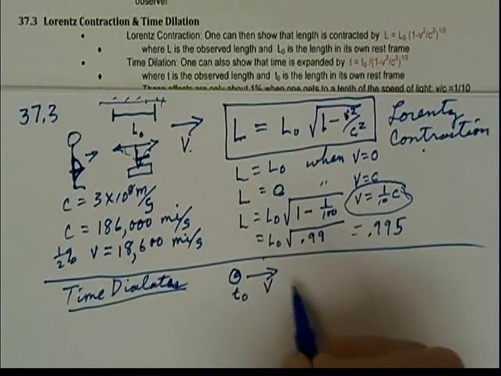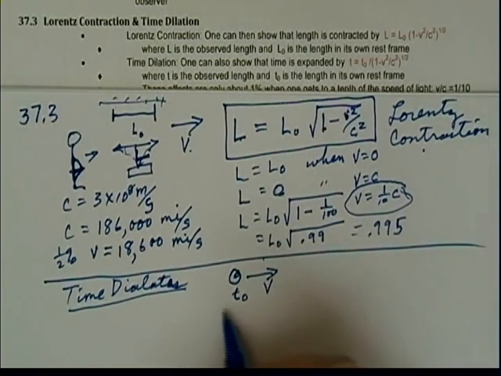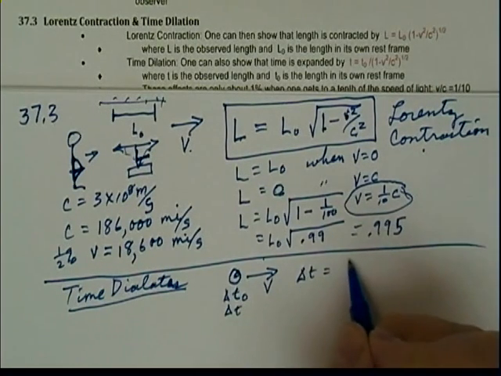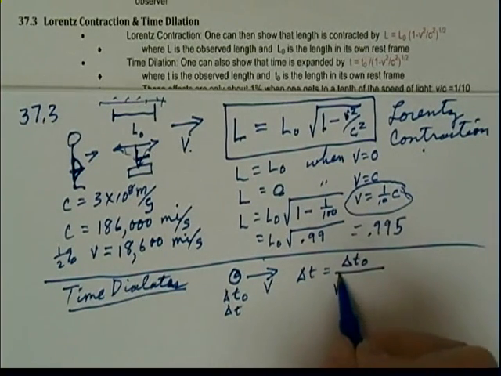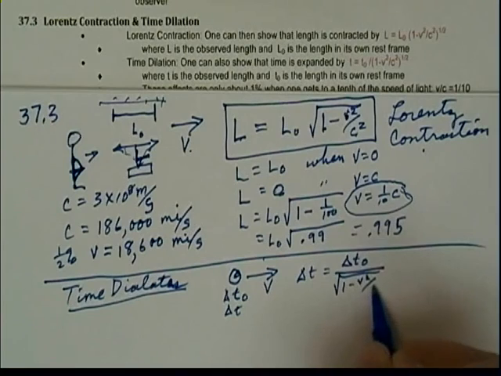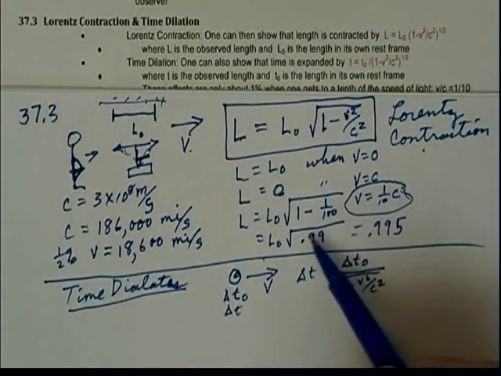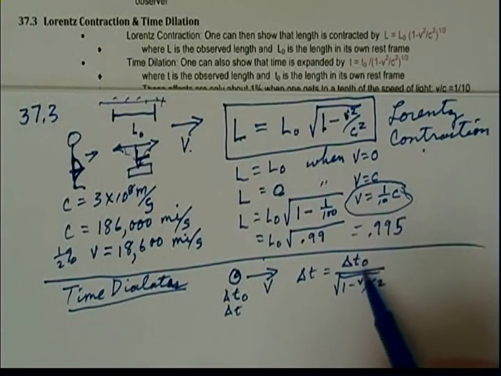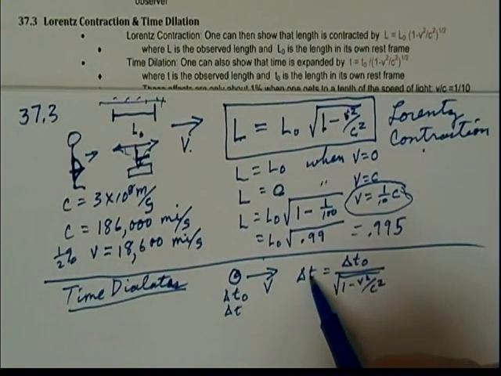Then as it moves by you at a velocity v, you find that the time, delta t, that you observe is equal to delta t naught divided by the square root of 1 minus v squared over c squared. And likewise, using the same square root here, 0.995, you can see that you're dividing by a fraction, therefore this time is longer.